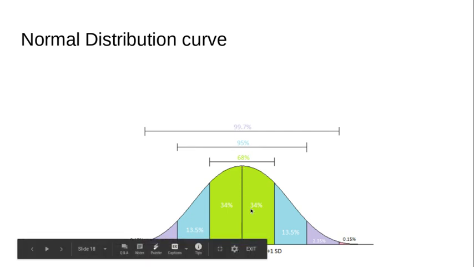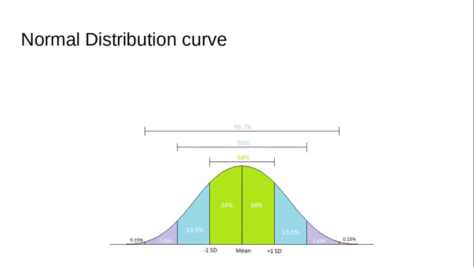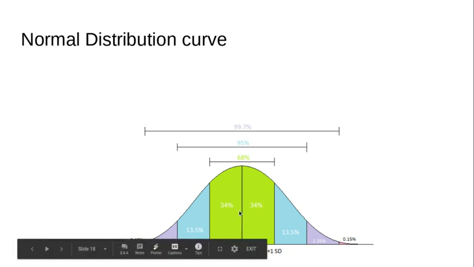And so if you think back to the height example, the average height of a man is 5'10" in the US with a standard deviation of, I can't remember what they said, 5 inches maybe. So one standard deviation less than the mean would be take away that value.